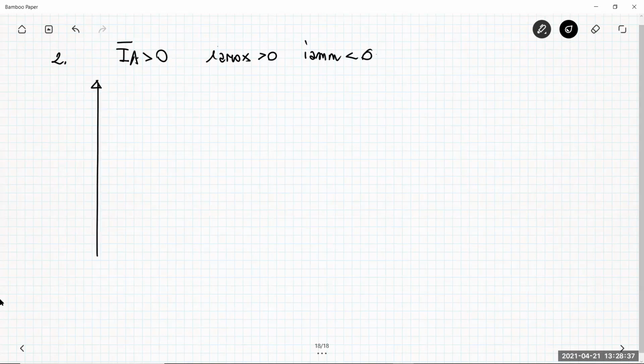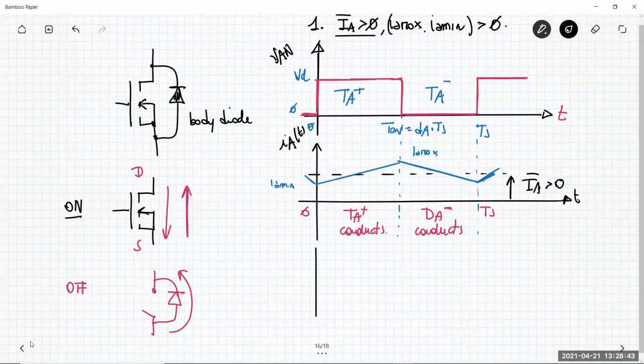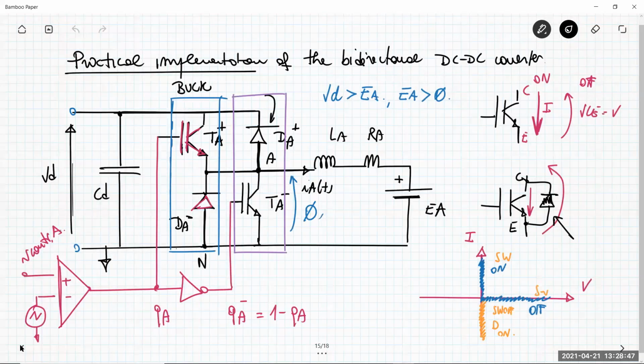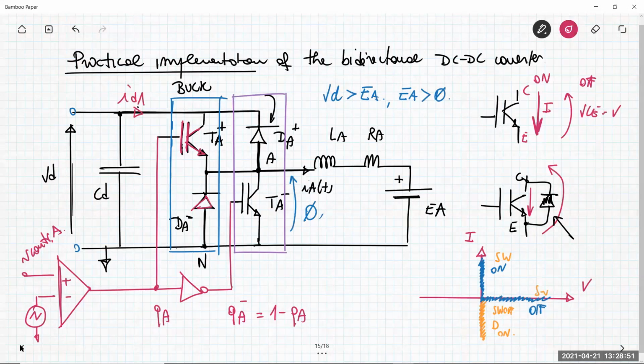By the way, I forgot to complete this plot. Let me also draw here the current flowing at the input side, the current IDA.